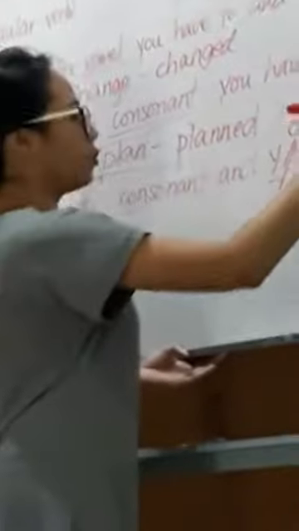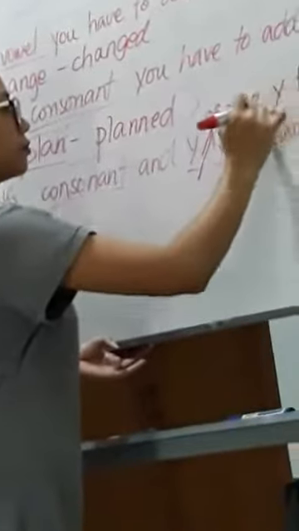You have to change Y to I. If it ends with consonant and Y, you have to change Y to I, then add ed. So how do we spell it? Very good. Next, give me another, your own example.